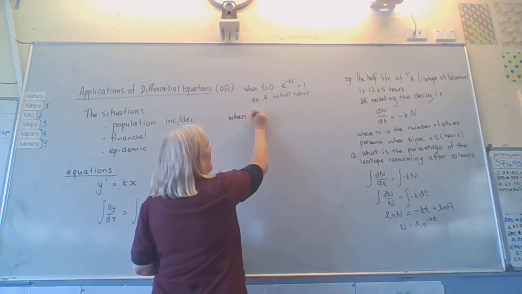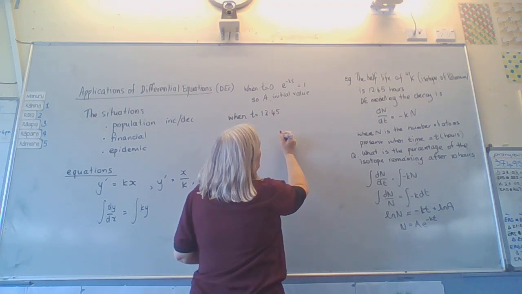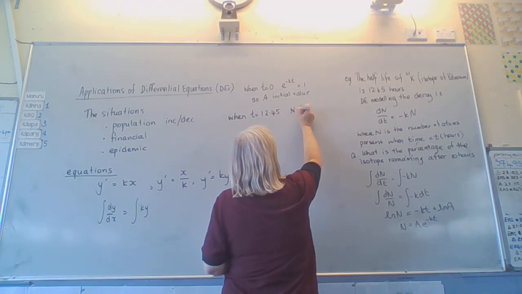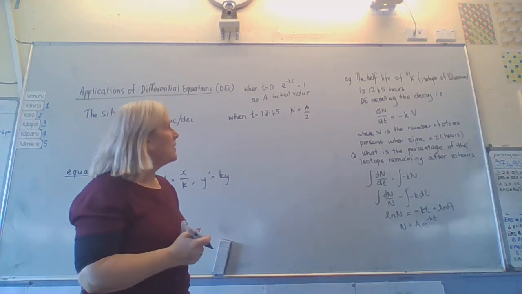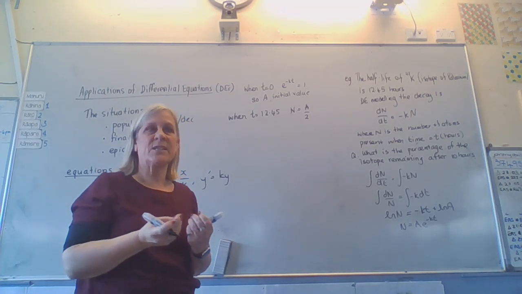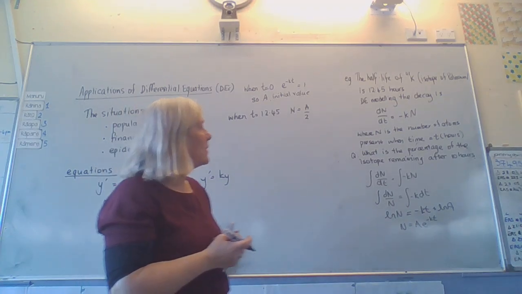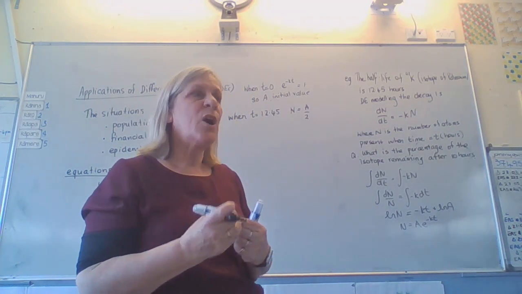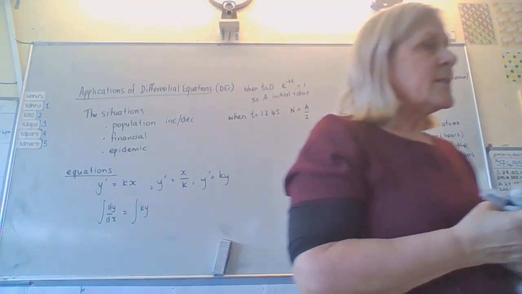When t equals 12.45, n will equal A over 2. All right, so that's our first hint that we've got. So what we are trying to do here is we're trying to discover what K is.